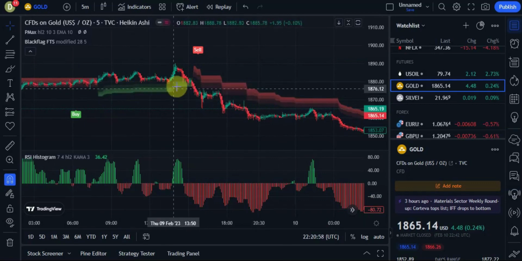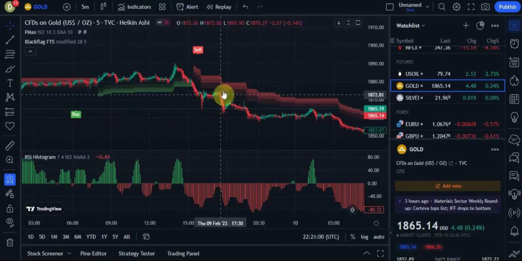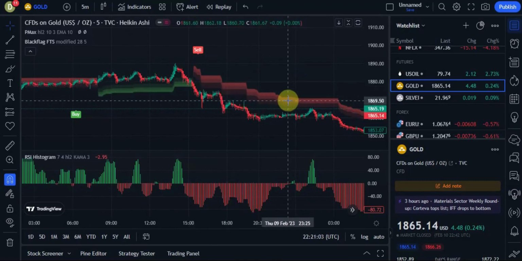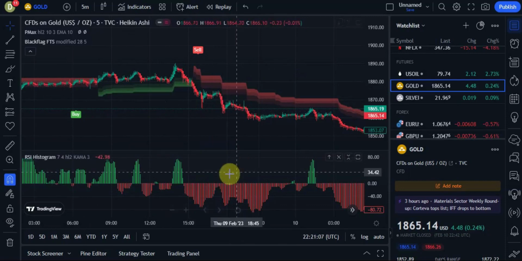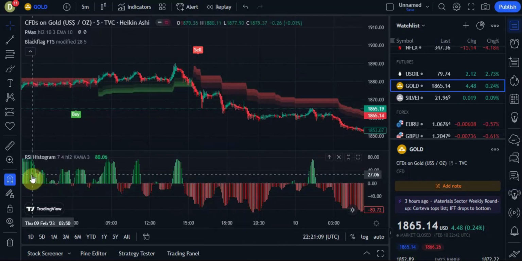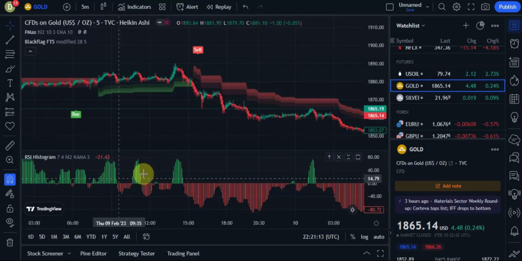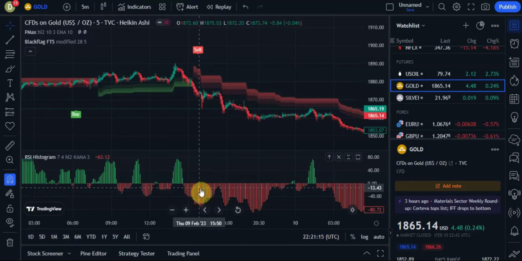The green clouds indicate that we're in the uptrend, and the red clouds indicate when we're in the downtrend. And for our RSI histogram indicator, when the histogram is green and above the zero line, that's when we know we're in the uptrend, and whenever it's red and below the zero line, we can see we're in a downtrend, okay?